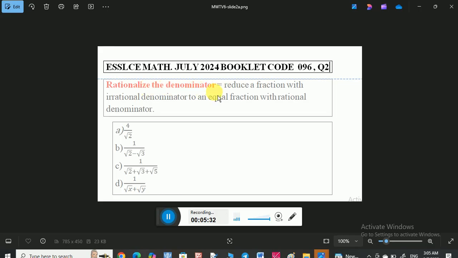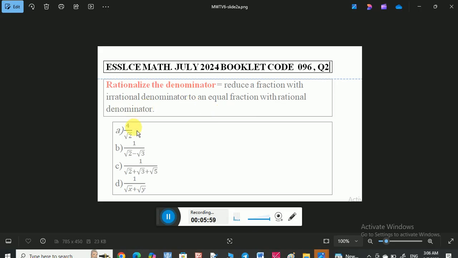Rationalizing the denominator of a fraction means converting a fraction with an irrational denominator to an equal fraction with a rational denominator, without affecting the number.